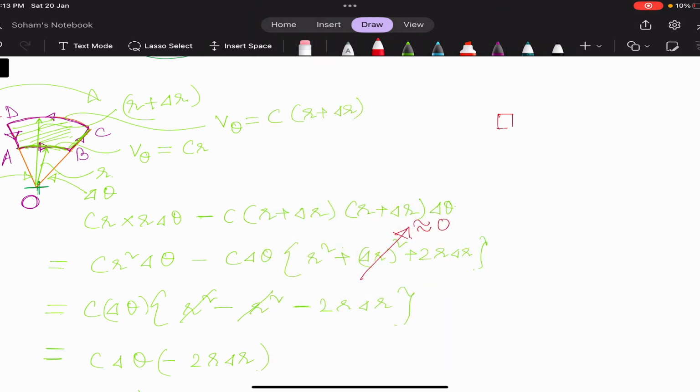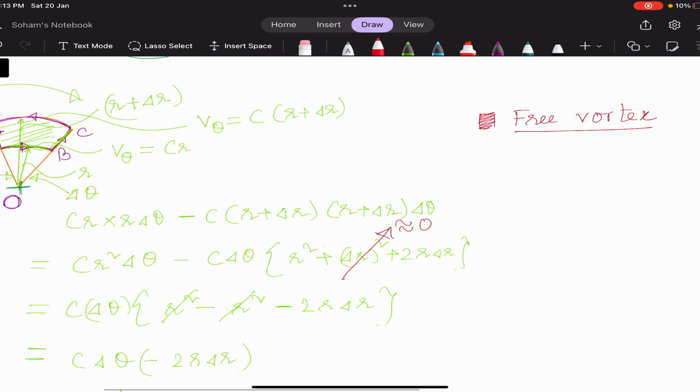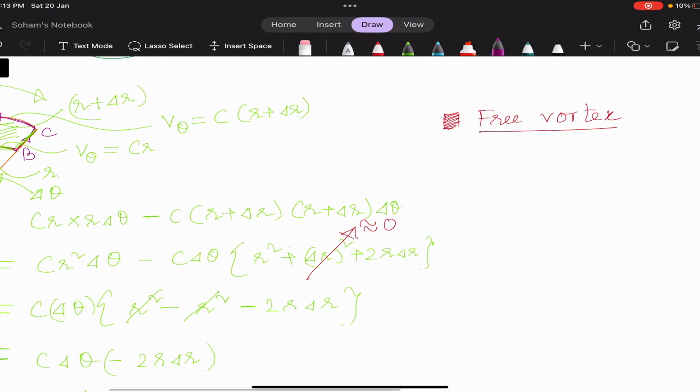So for a free vortex, the same calculation will boil down to c by r into r del theta.